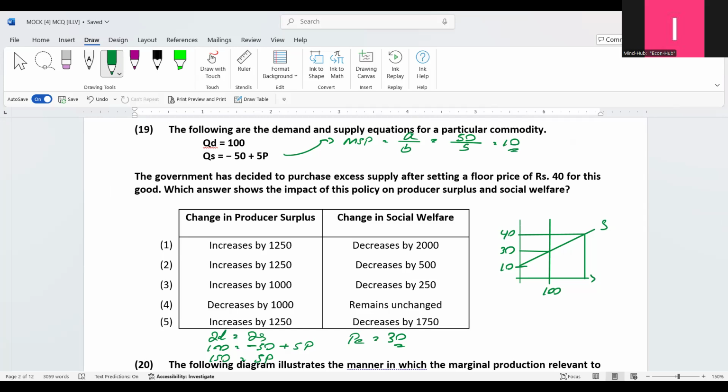The quantity would be 150. So I think we have the basic values all settled in here.